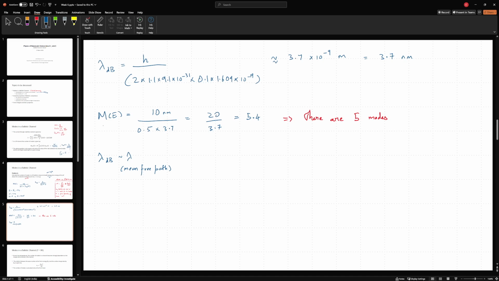In that case, along with these modes, I will also need to calculate the transmission coefficient. So T of E is going to be lambda divided by lambda plus L. So this is going to be 3.7 divided by 13.7.